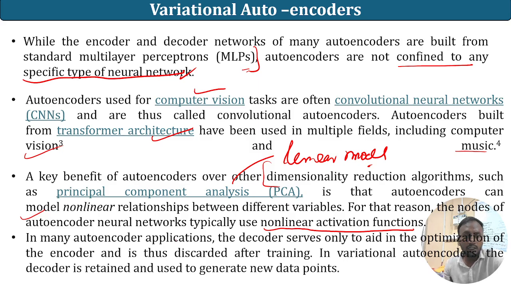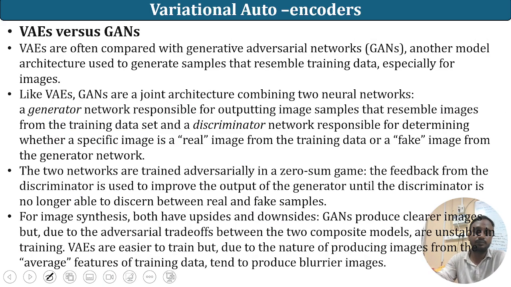In many autoencoder applications, the decoder serves only to aid in the optimization of the encoder, and is thus discarded after the training. In various autoencoders, the decoder is retained and used to generate new data points.